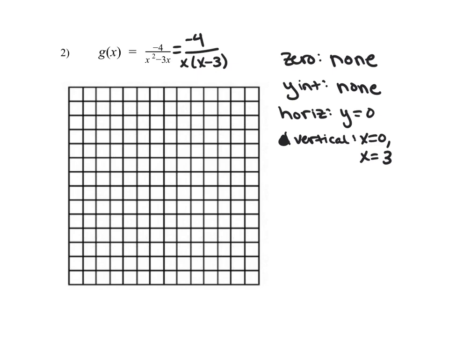Let's make our axes a little bit thicker. This time I don't think I'm going to zoom in. We'll leave each block as 1. But we will change it to blue to make it a little bit easier to see. So our horizontal asymptote is at y equals 0.